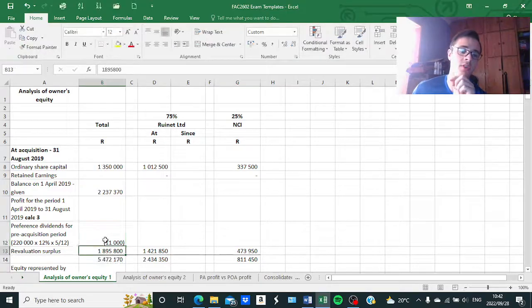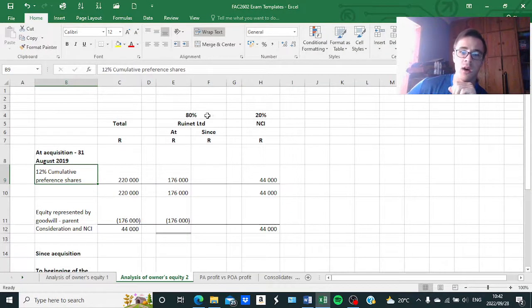So we are subtracting the preference dividends for the pre-acquisition period from retained earnings, and then we will transfer this amount to the analysis of owner's equity of preference share capital. Let me show you.